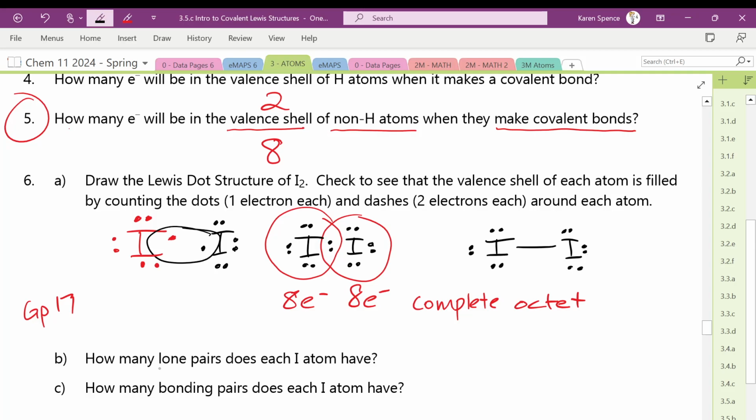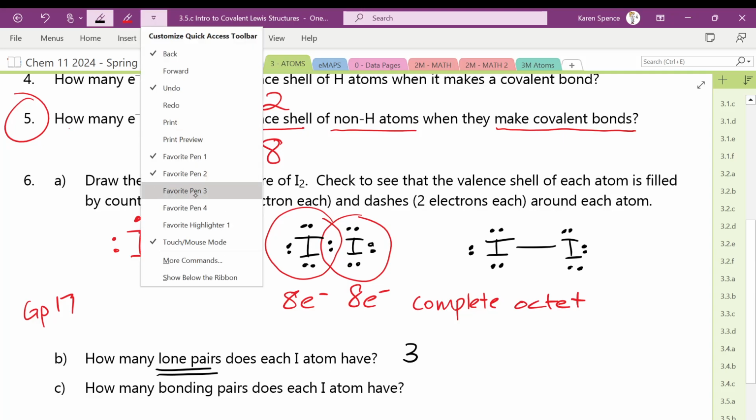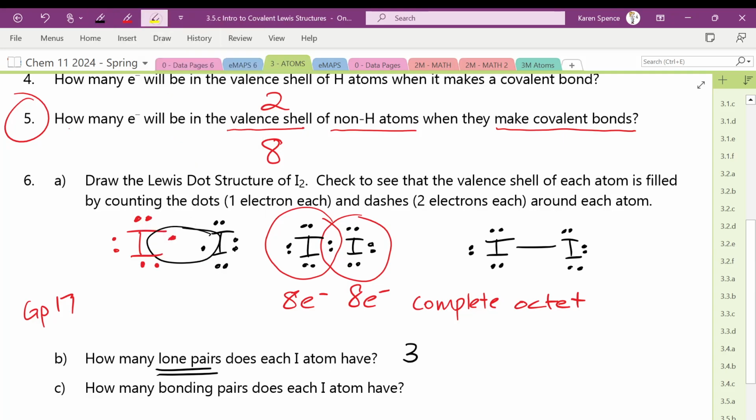How many lone pairs does each I atom have? 3. It has 3. We've got 1, 2, 3 lone pairs. How many bonding pairs does each I have?